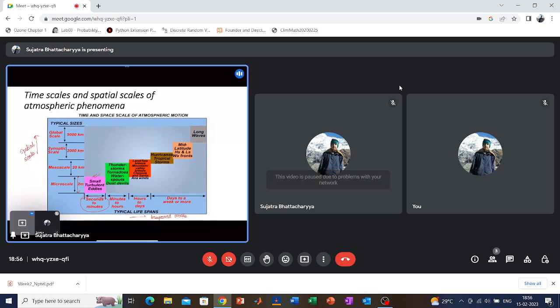So these small turbulent eddies are generally found in the atmosphere but are not much important. Mostly these other things are very important, like thunderstorm events or land-sea breeze, then the hurricane or tropical storm, mid-latitude cyclones, long waves, or Rossby waves. Turbulent eddies are more important in the case of the oceans.